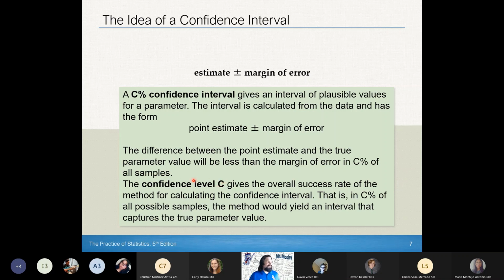And a confidence level says how successful our method will be in capturing the mean over and over again, right? So it could be 95% successful, meaning 95% of our samples will result in an interval that has the mean inside of it. Okay, so these are two different things that are very, very closely related, the interval and the level.